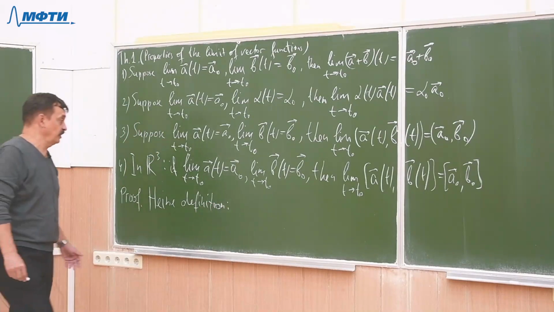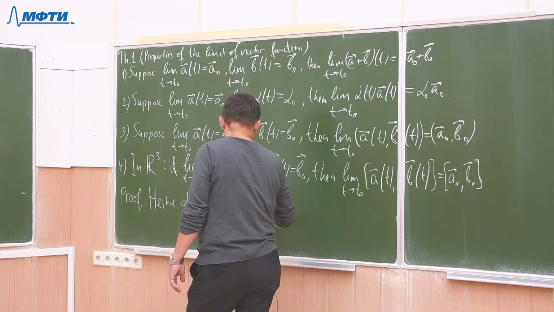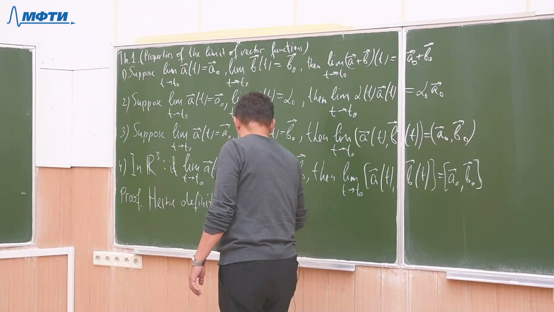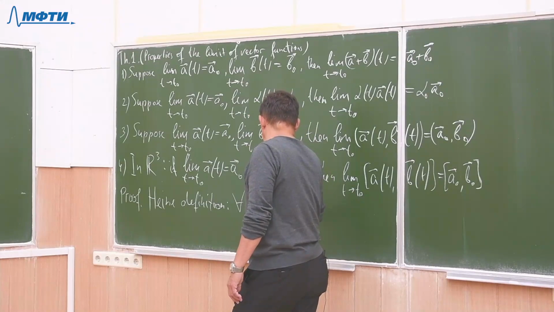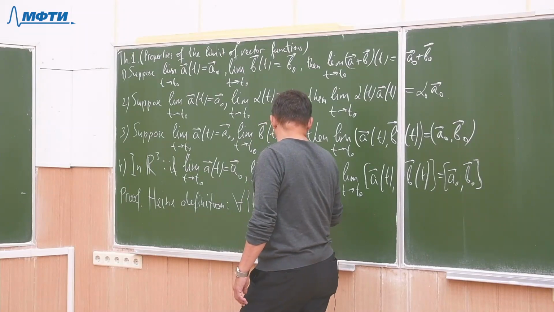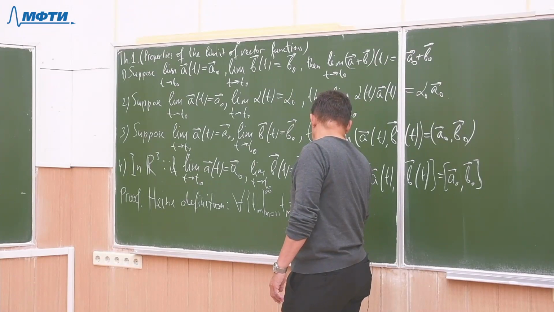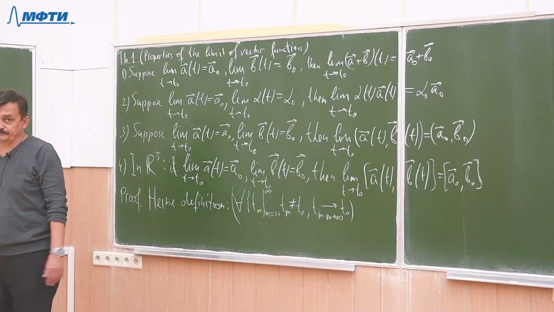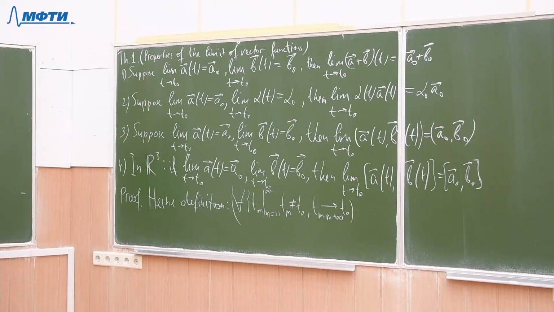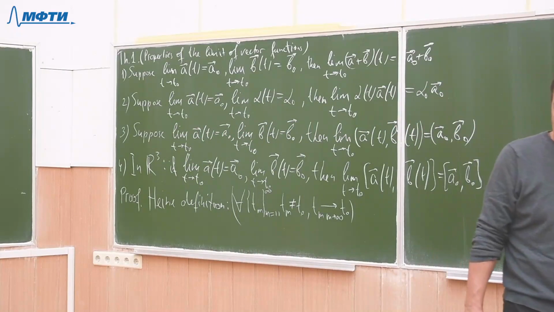We need to take an arbitrary sequence Tm, m from 1 to infinity, Tm not equal to T naught, and Tm tends to T naught as m tends to infinity. So we take an arbitrary such sequence, and of course there is an extra supposition: Tm are in the domain of each of those vector functions.